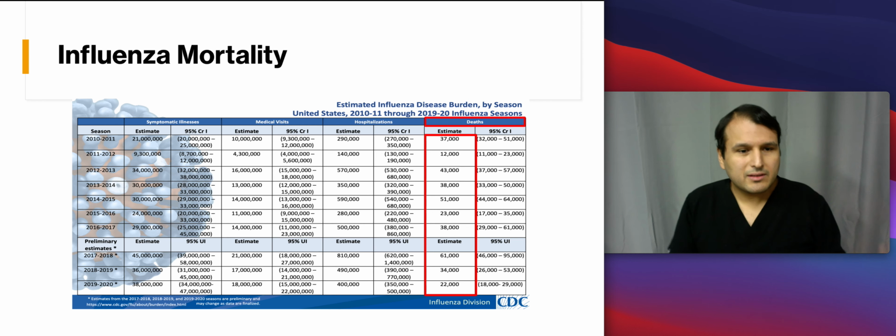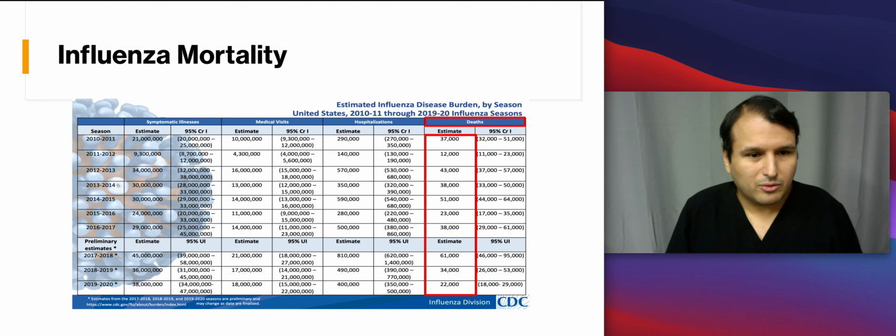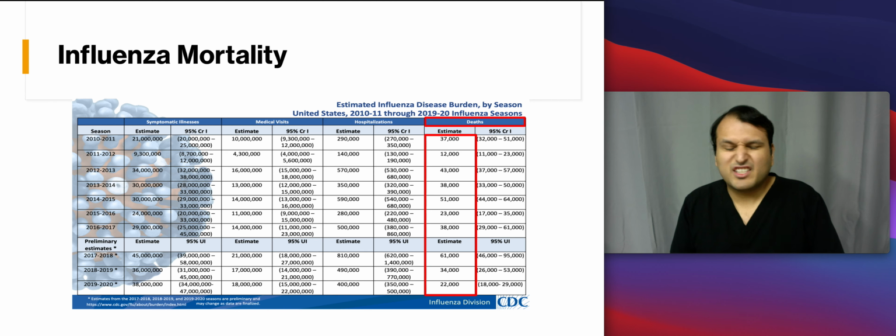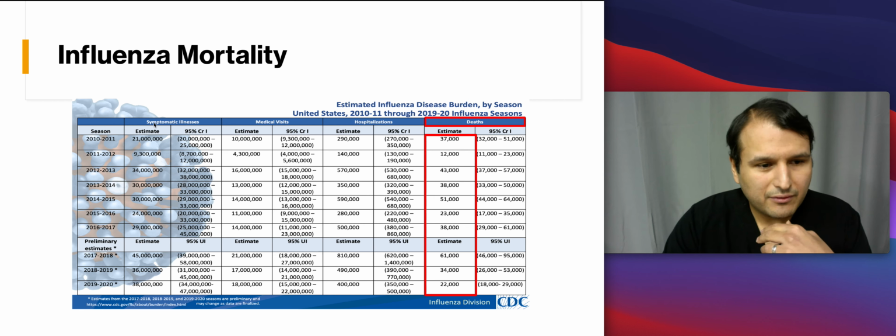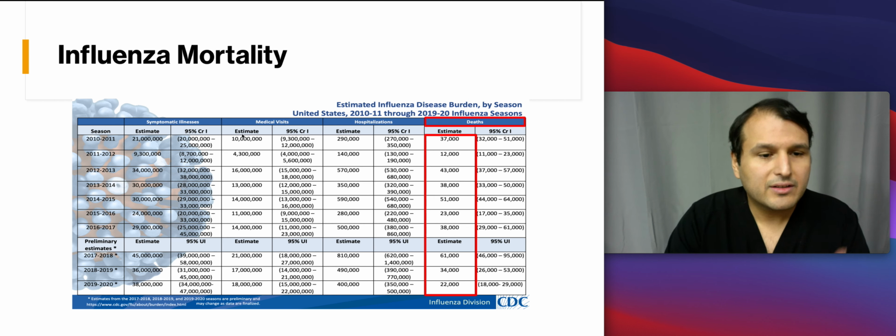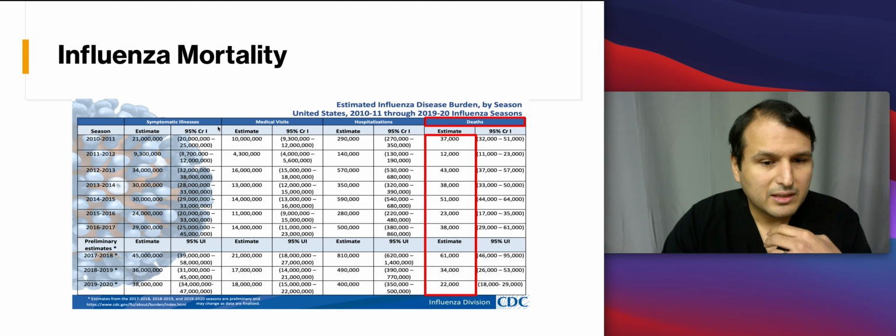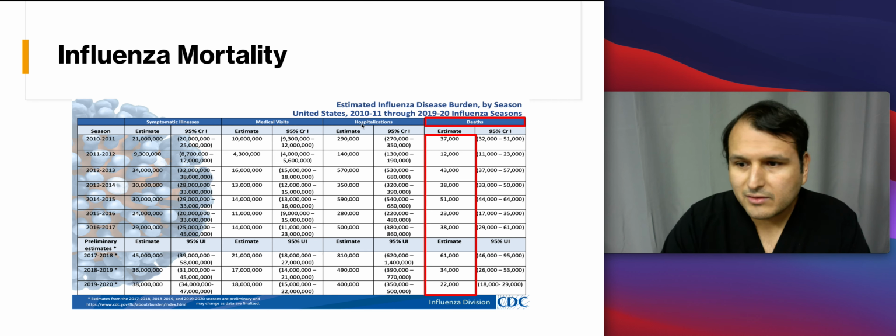But let's put this into perspective, as far as influenza mortality or the disease burden itself. Starting from left to right, on the left we have the number of people that have the illness, then the people that actually go to see the doctor or mid-level provider or any kind of healthcare professional for this disease. Then, are they hospitalized for influenza?